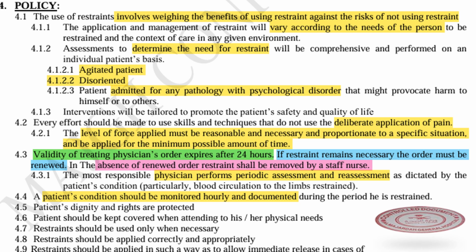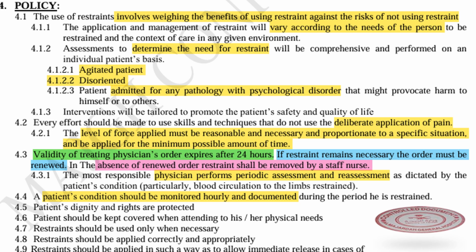So whether the patient is agitated, disoriented, or was admitted for any pathological or psychological disorder that might provoke harm to himself or others. Intervention will be tailored to promote patient safety and quality of life. Every effort should be made to use skills and techniques that do not use deliberate application of pain.